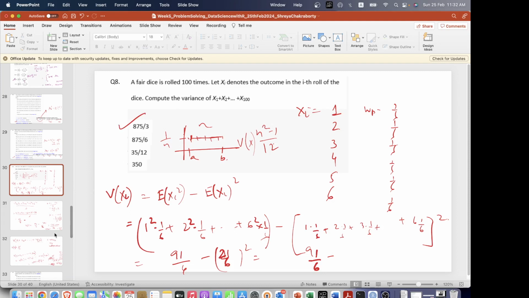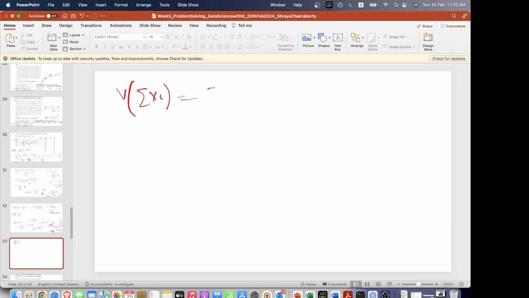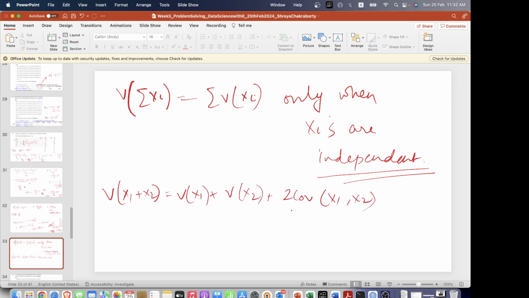But one thing you have to be very, very careful. Here, variance of summation xi is summation of variance of xi only when the xi's are independent. If not, variance of x1 plus x2 would be variance of x1 plus variance of x2 plus 2 covariance of x1 and x2. We have one covariance term which you'll learn about later, but this is 0 when x1 and x2 are independent.